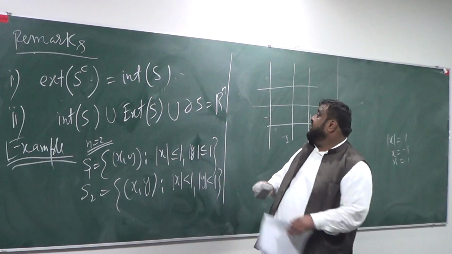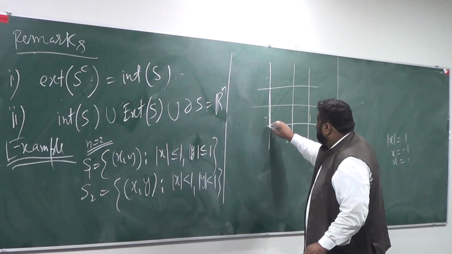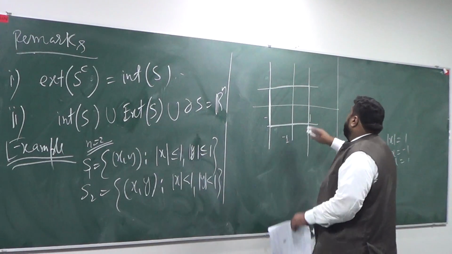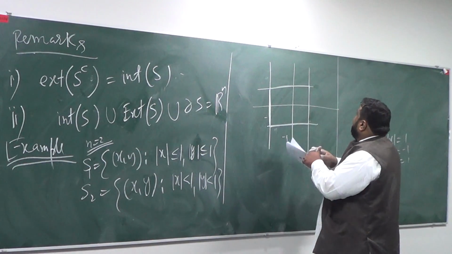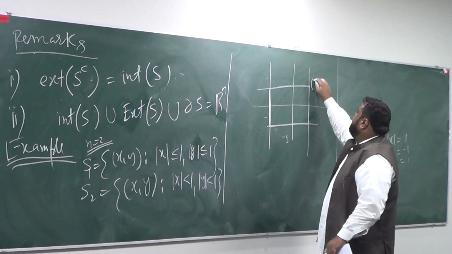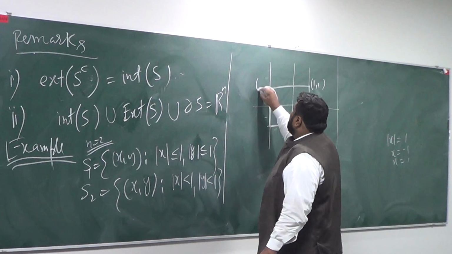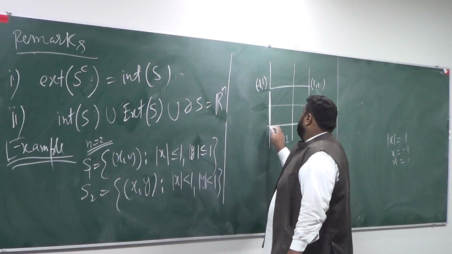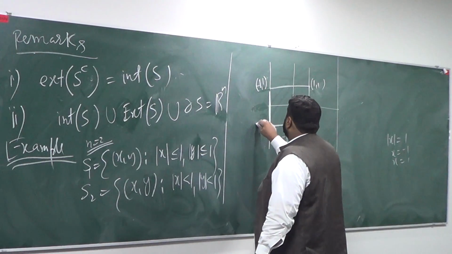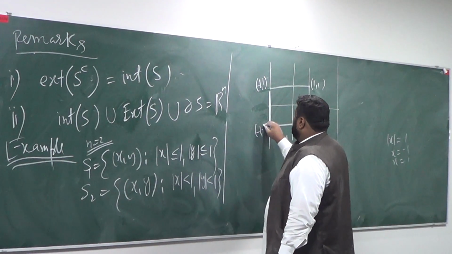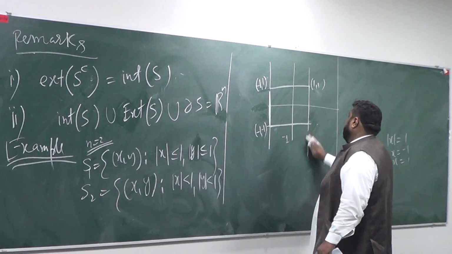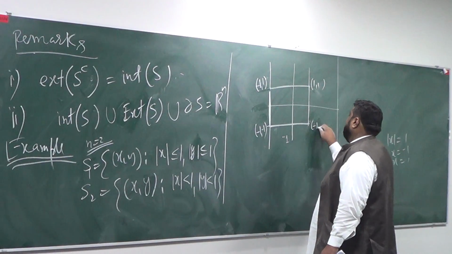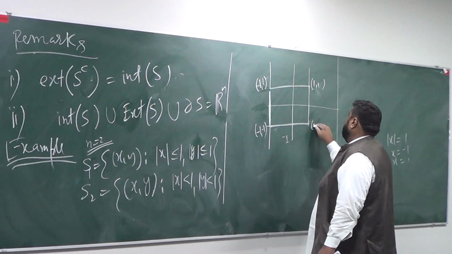So S1 is which region? This region within this box. And what would be the coordinates of the vertices of this box? (1, 1), (-1, 1), (-1, -1), and (1, -1).